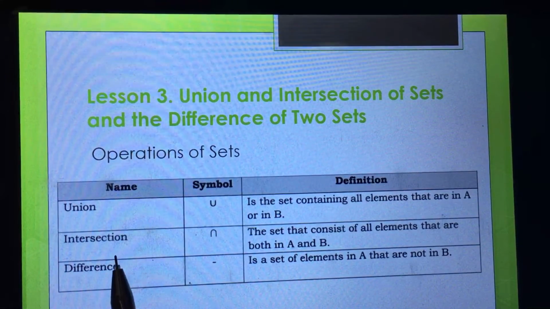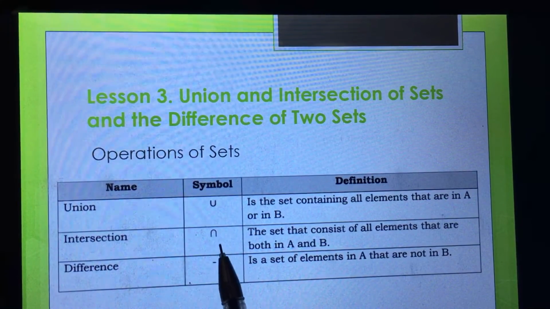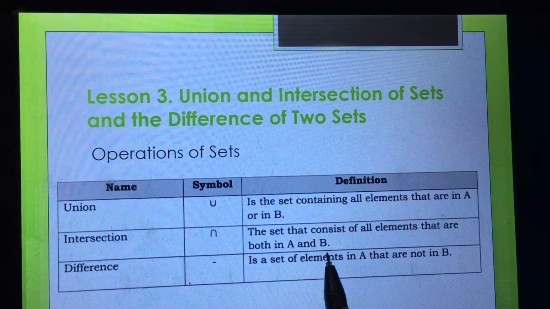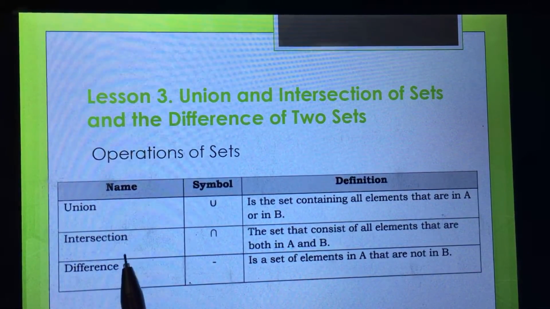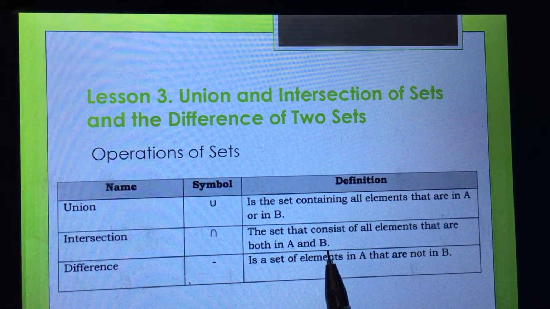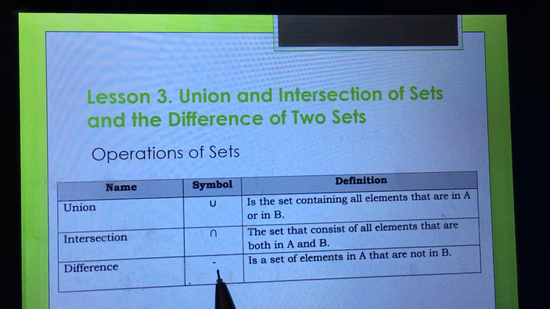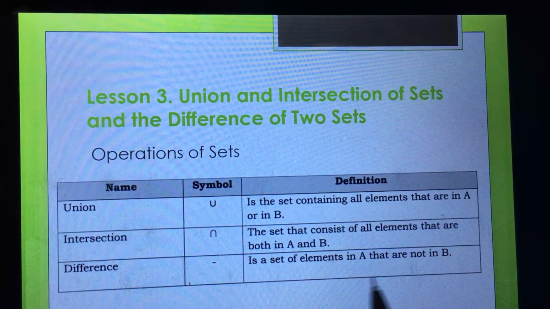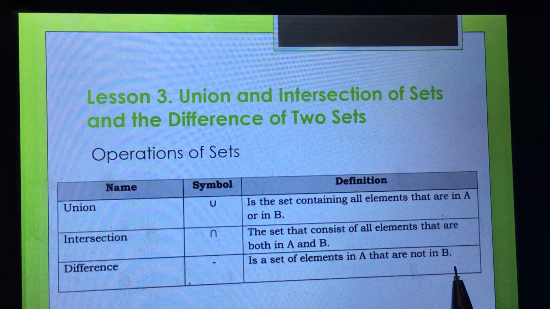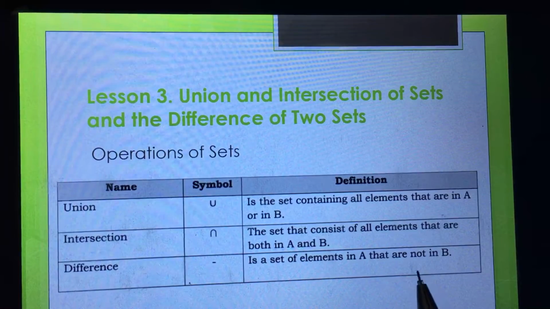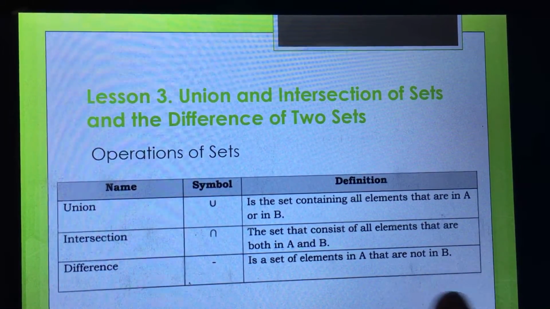Next, intersection. It has the symbol inverted U, the set that contains all elements that are both in A and B. In other words, the common elements between set A and set B. Next, the difference has the symbol minus. The difference of two sets is the set of elements in A that are not in B. Again, it is an element that could be found in A but not in B. I'll be giving an example.